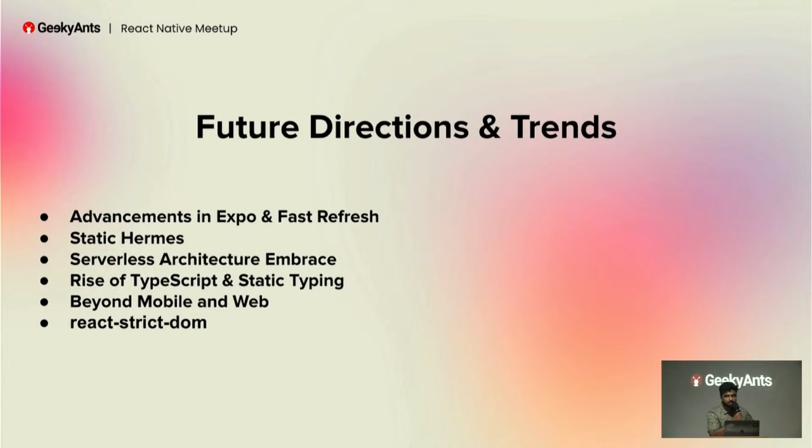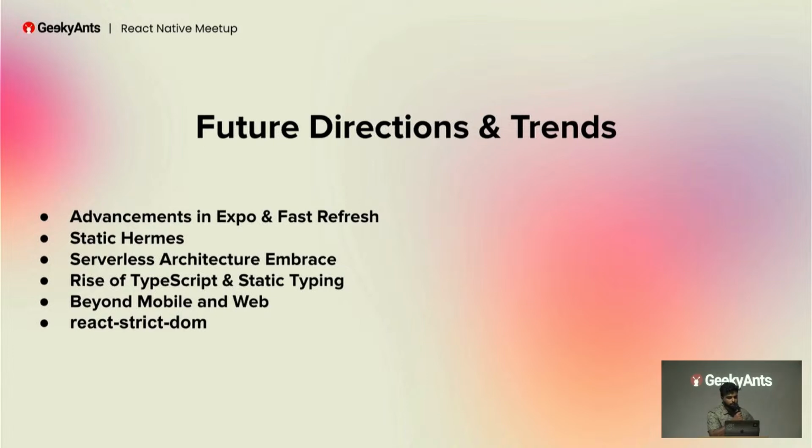Hermes brings a lot of capabilities for booting up React Native mobile applications fast, along with performance improvements. But with Static Hermes, will we also be able to improve the performance of React Native applications even more? It's kind of adding a layer of static type checking on the native layer while compiling the code.